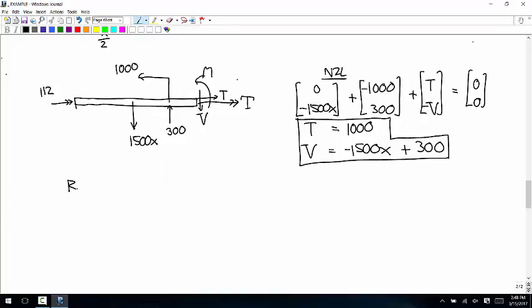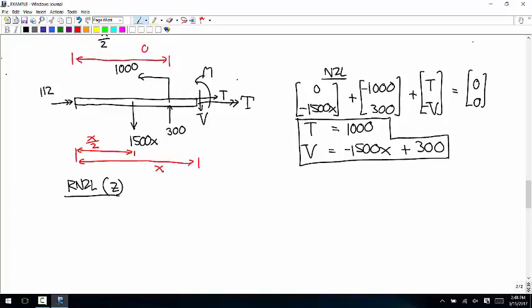And then the moment equation about z. Okay, so let's figure out some of these distances. The whole thing is x. From the left end to that 1,500x is x over 2. And then from the left end to where these two other forces are applied is 0.1.